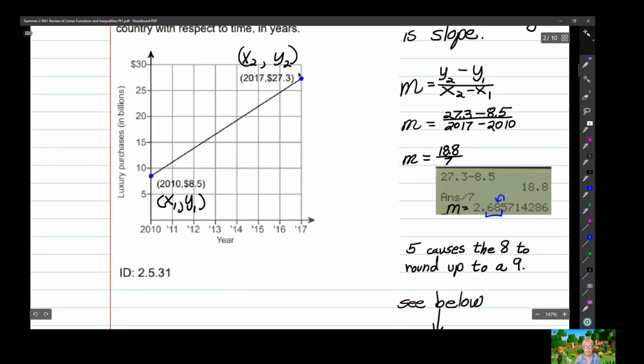But the way I have it set up is this. y2 is 27.3, y1 is 8.5. So y2 minus y1. x2 is 2017, x1 is 2010. So 2017 minus 2010 is x2 minus x1. That gives us 18.8 over 7.